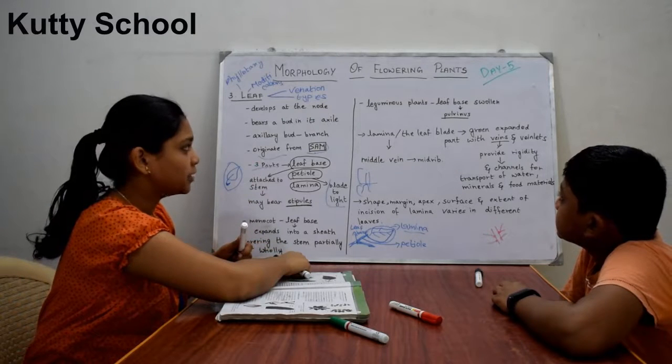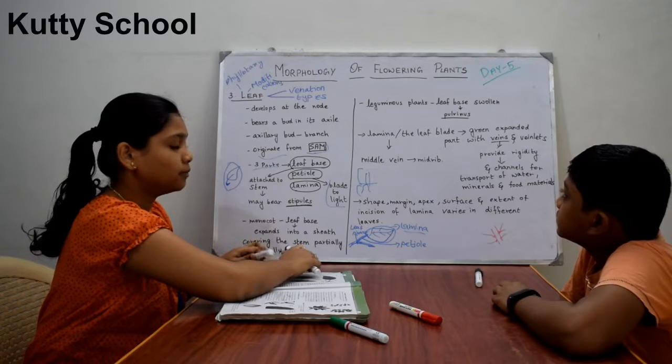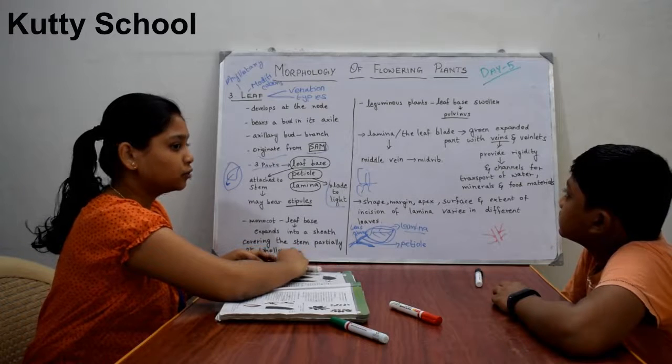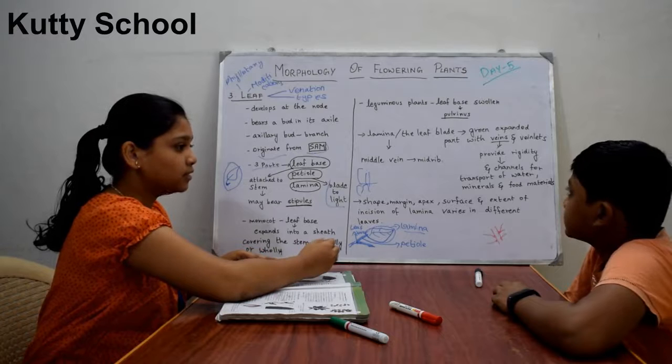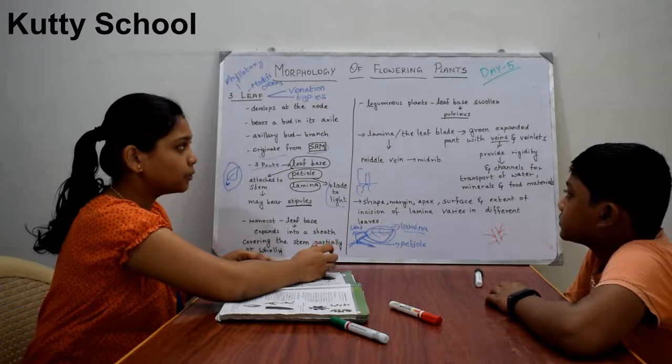Leguminous plants are those that have peas and beans. Pea plants and bean plants are known as leguminous plants.